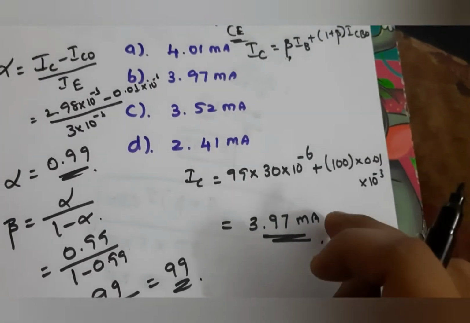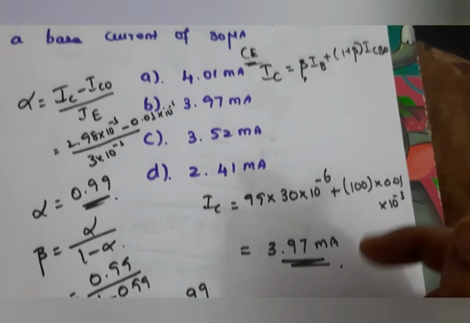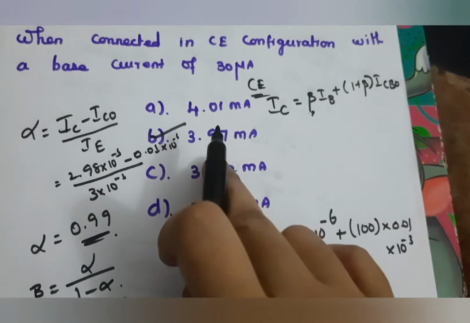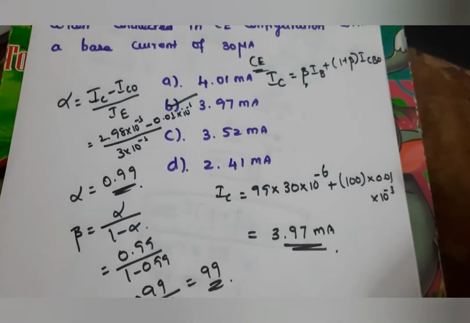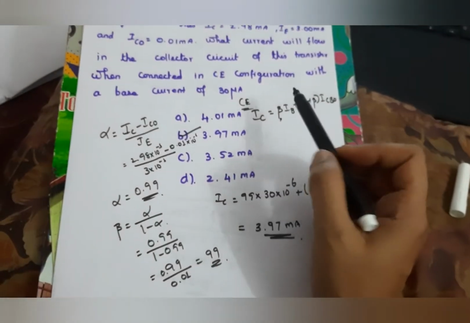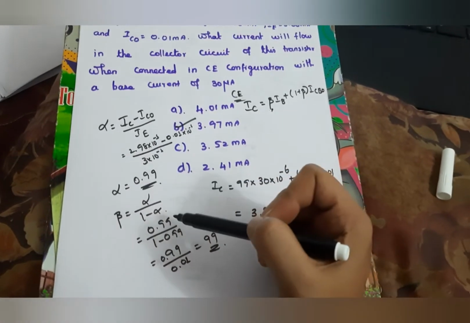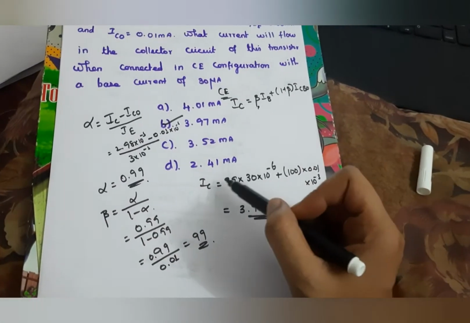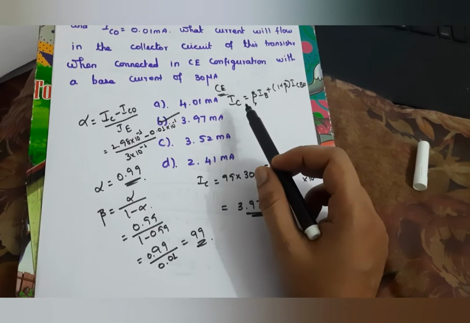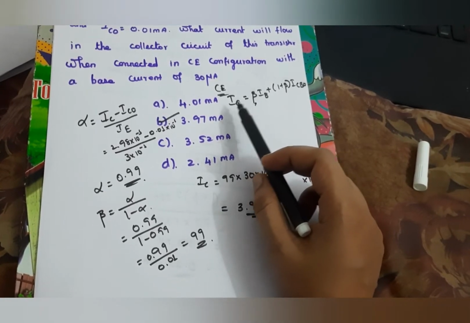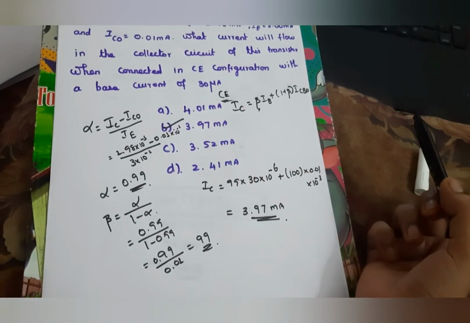So solving this equation, we will get 3.97 milliamps. So here the answer is B, 3.97 milliamps. So the steps here are, first we find alpha. From alpha we find beta, and using this equation we can find the collector current in CE configuration.